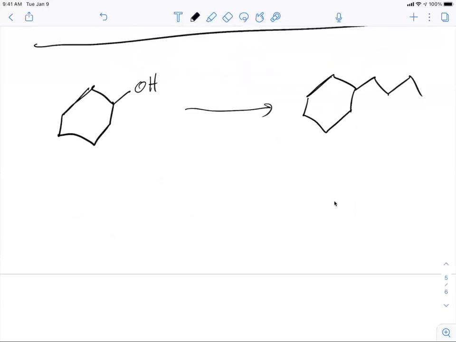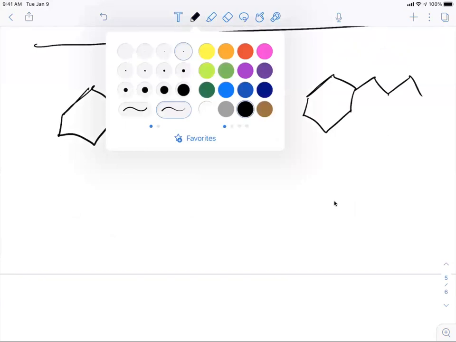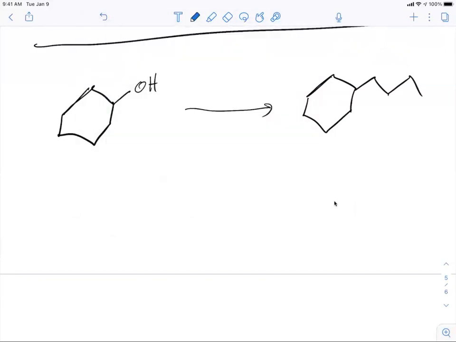We're going to take this alcohol and turn it into the alkane. Okay, so let's take a look, right? We're going to the alkane.